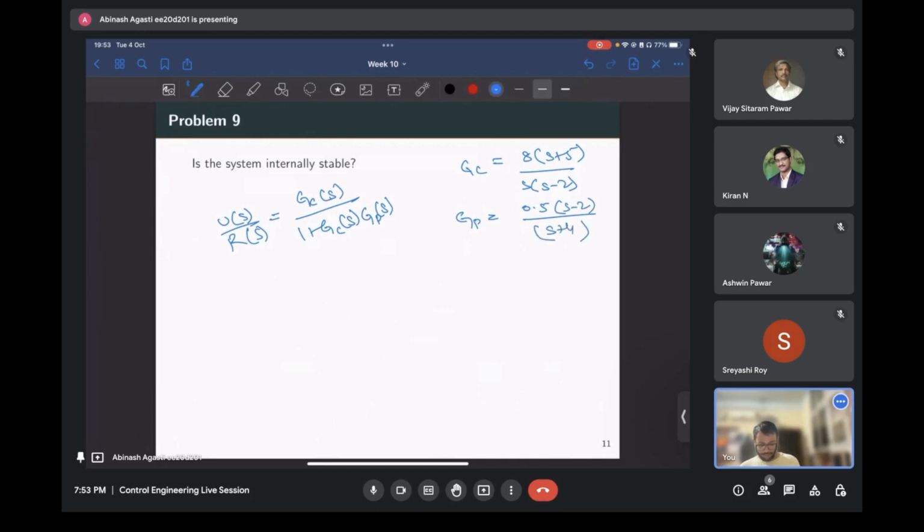Yeah, so this we can find out. GcGp is equal to 4 into.